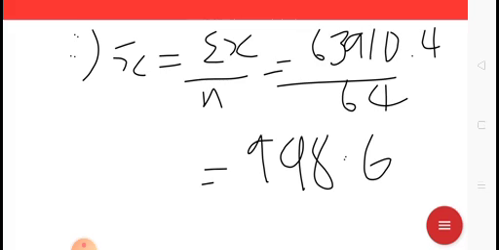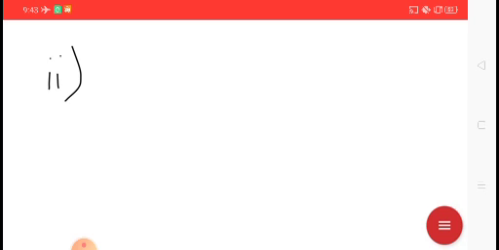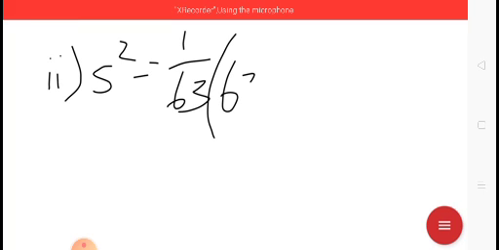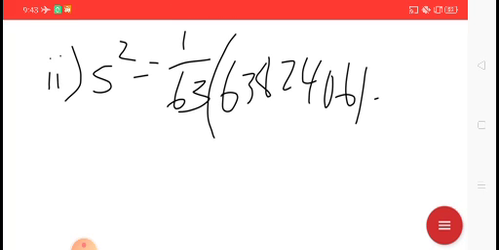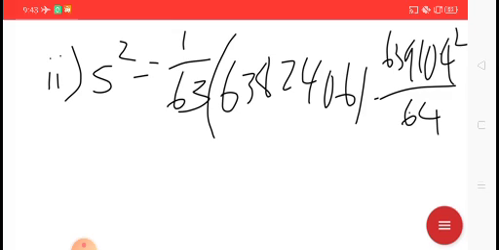For part 2, calculate the unbiased estimate of the standard deviation of the lifetime of this type of light bulb. Because they give you raw data, you need to do the unbiased estimate. So 1 over 64 minus 1, which is 63, times 638.24061 minus 63910.4 squared over 64.